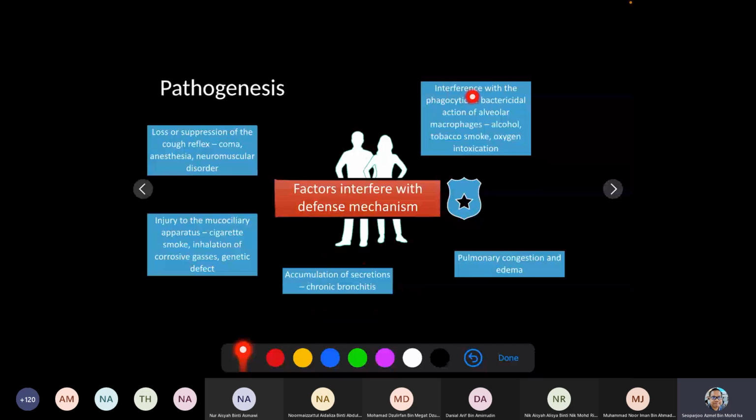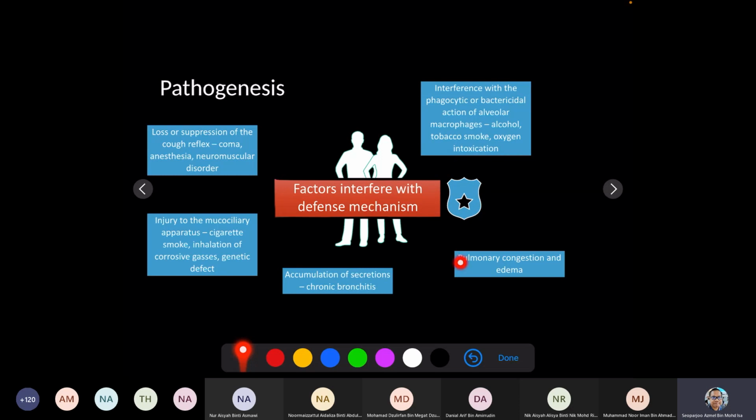And if there is interference with the phagocytic or bactericidal action of alveolar macrophages, for example in alcohol use, tobacco smoking, oxygen intoxication, all of these interfere with the ability of the macrophages to engulf the bacteria or the viruses.